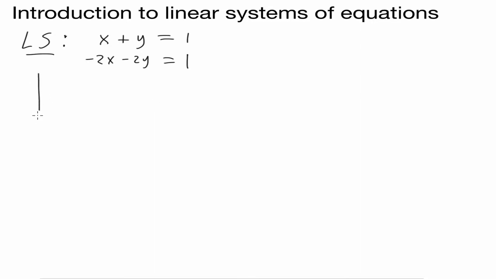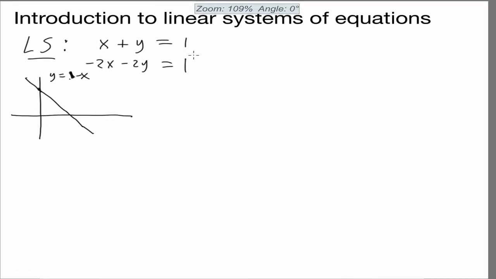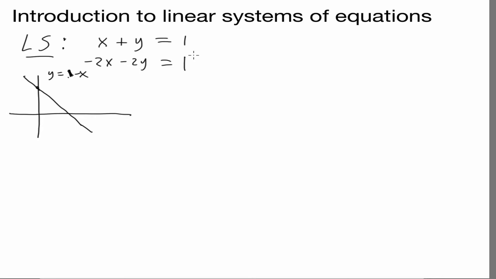So again, we have this. That's the y equals 1 minus x line for that first linear equation. Okay, and then now we have to find this other equation.